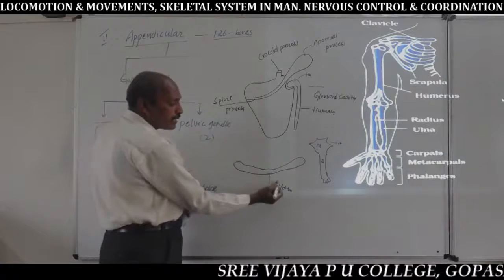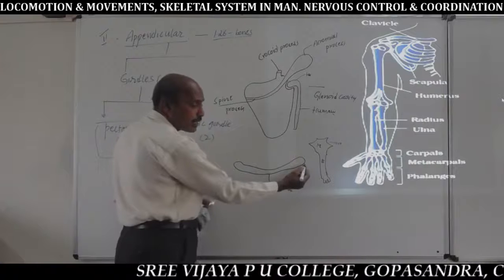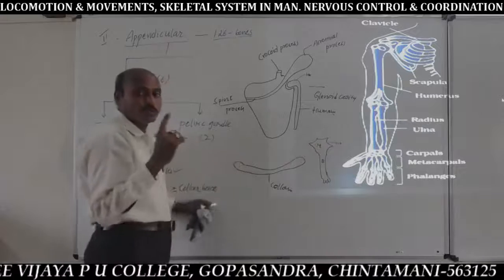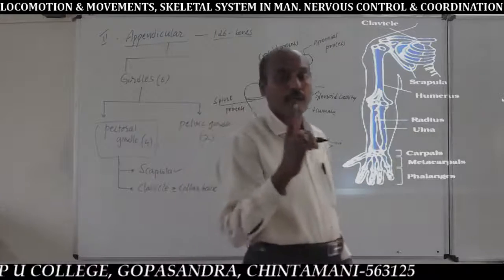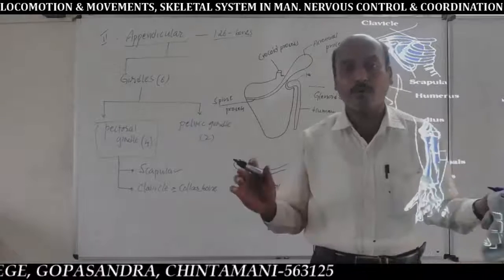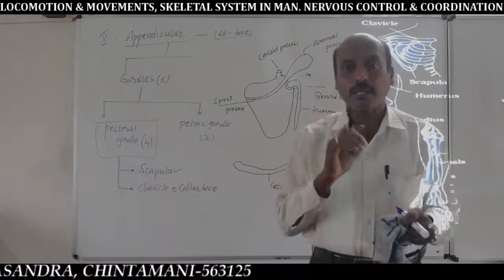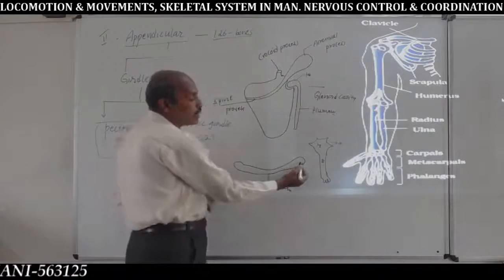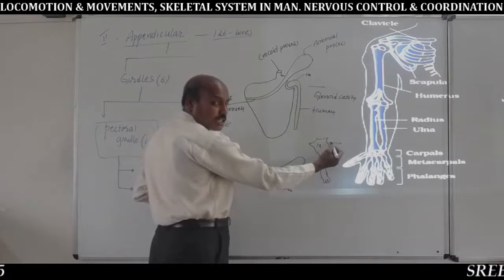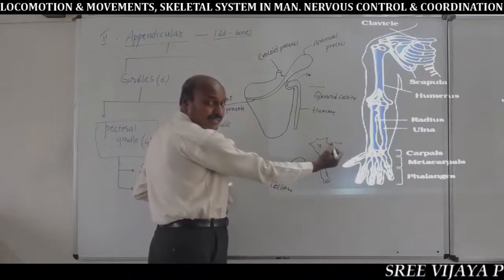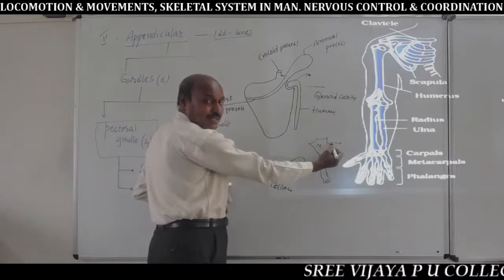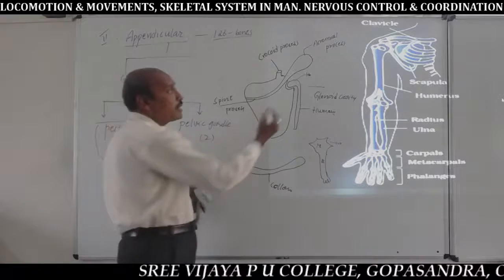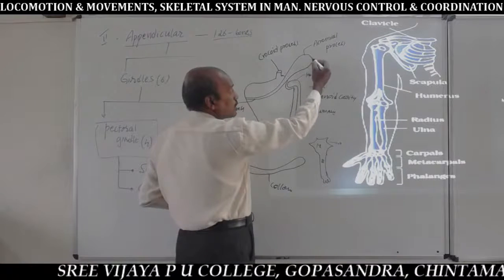So one end of the collarbone articulates with the clavicle notch of the sternum bone. You should remember the clavicle notch is found in the sternum bone. Very important question. Into the clavicle notch, one free end of the collarbone articulates, fixed in the form of a cartilaginous joint, while the other free end articulates with the acromial process.